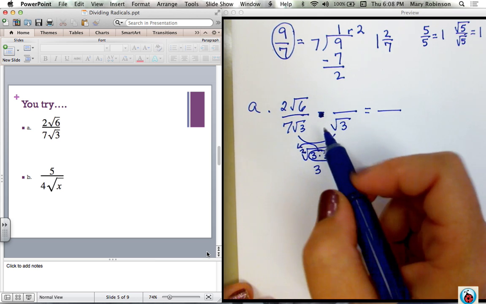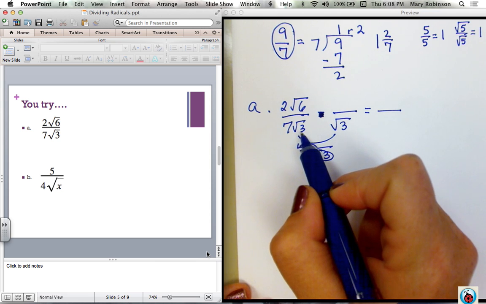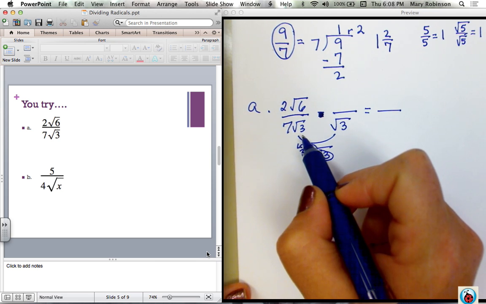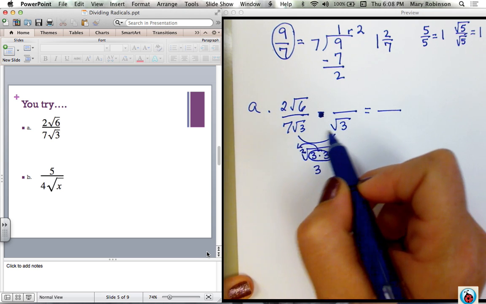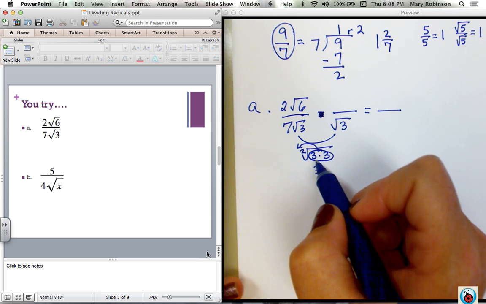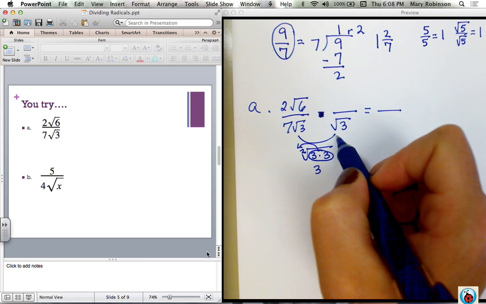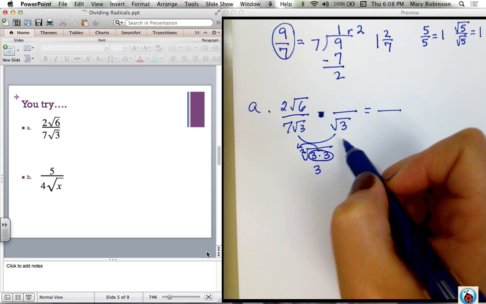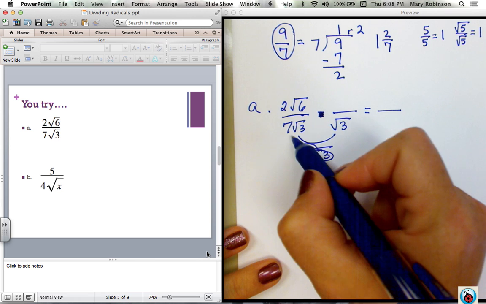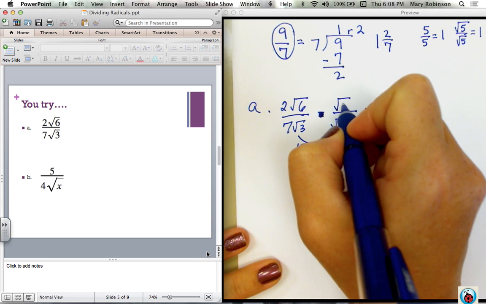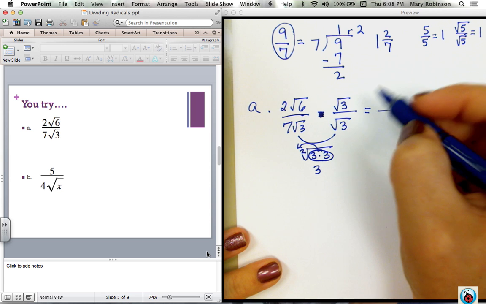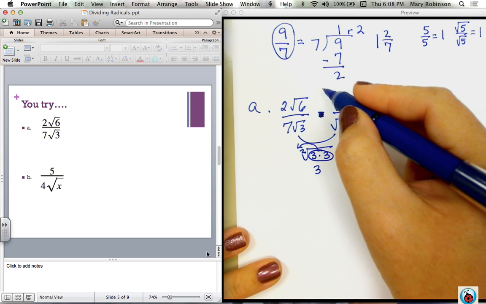That should always be the case: when rationalizing an expression with a square root in the denominator, we want to end up with 2 of the same factors. So it will usually be exactly what you see here. However, we don't need the 7. So the square root of 3, of course, when we use it on the denominator, we must also use it in our numerator, so it will equal 1.